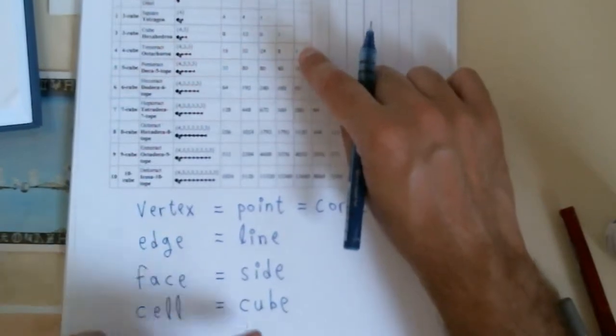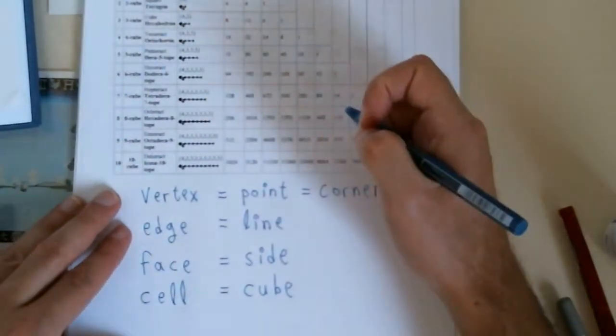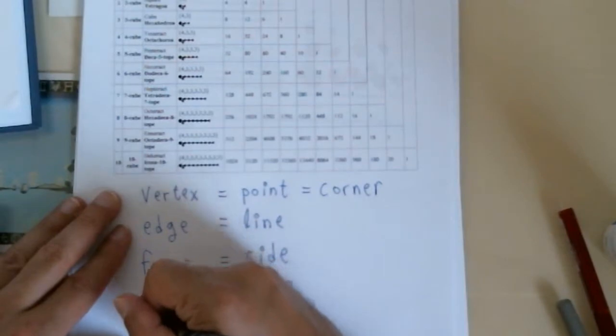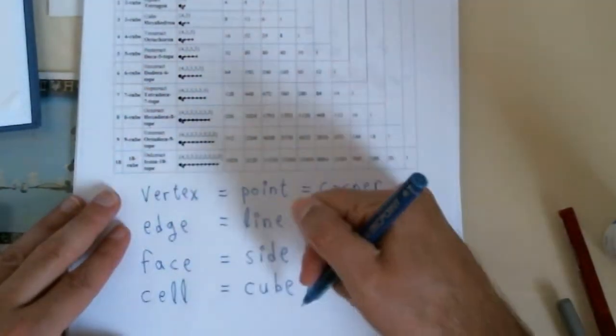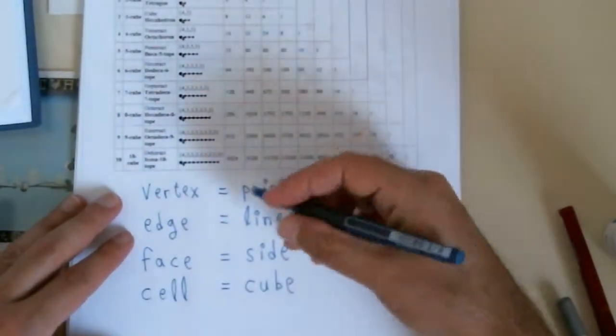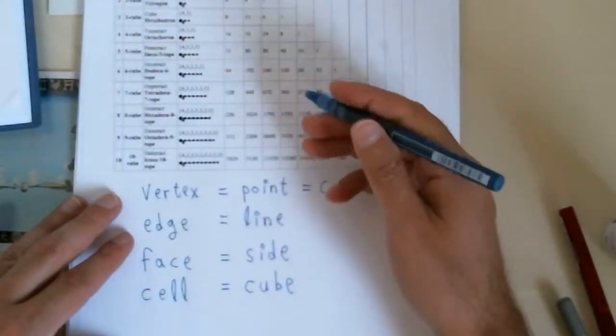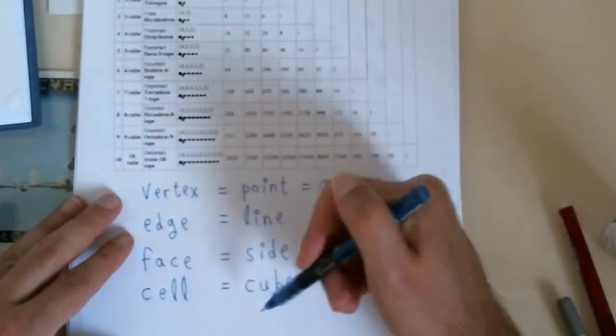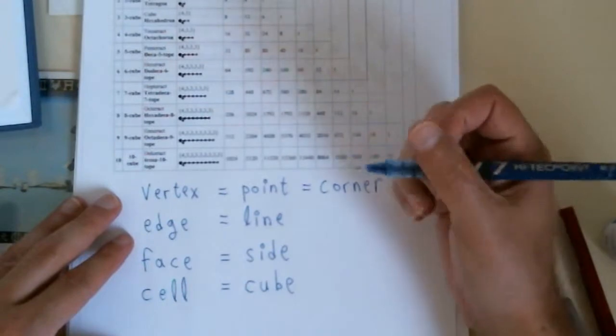The last one I'm not writing because it's not useful for us. It would be 4-face equals hypercube.